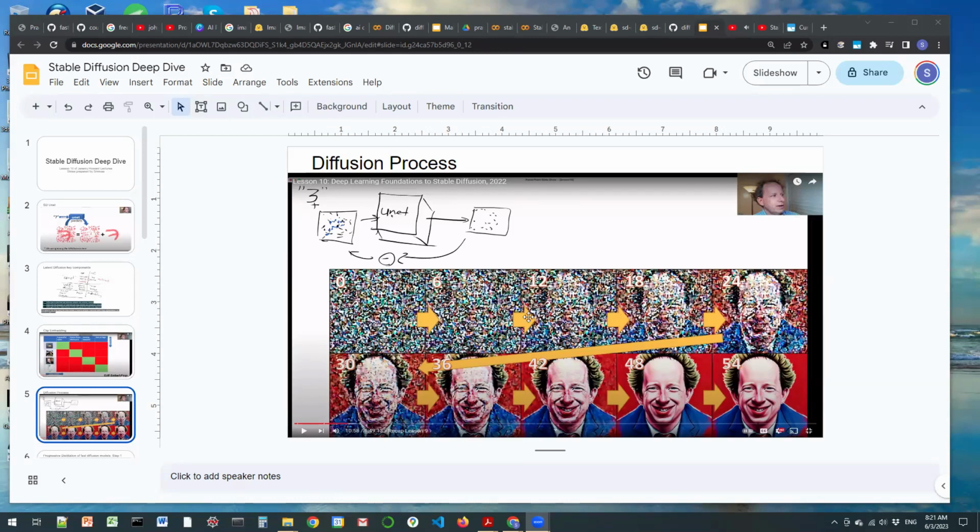The interesting part is that originally, when this algorithm was developed, I believe around 2013 or 15 or something in that time frame, it took about 1,000 steps to get from the noise all the way to the emergence of the desired image.